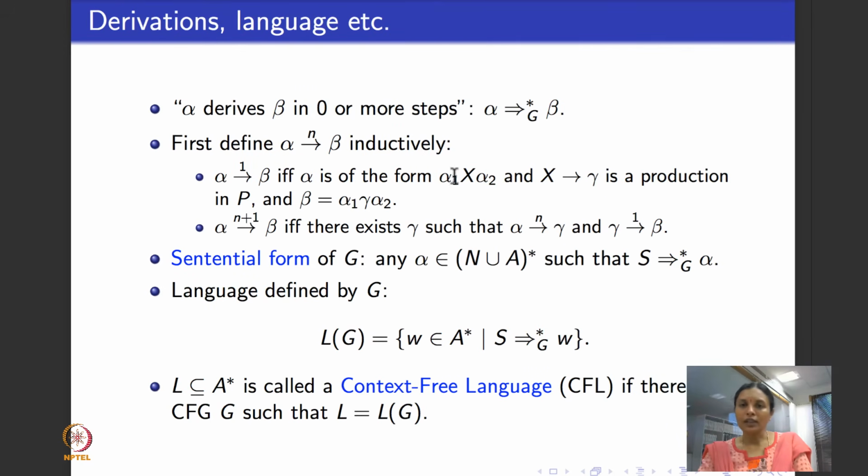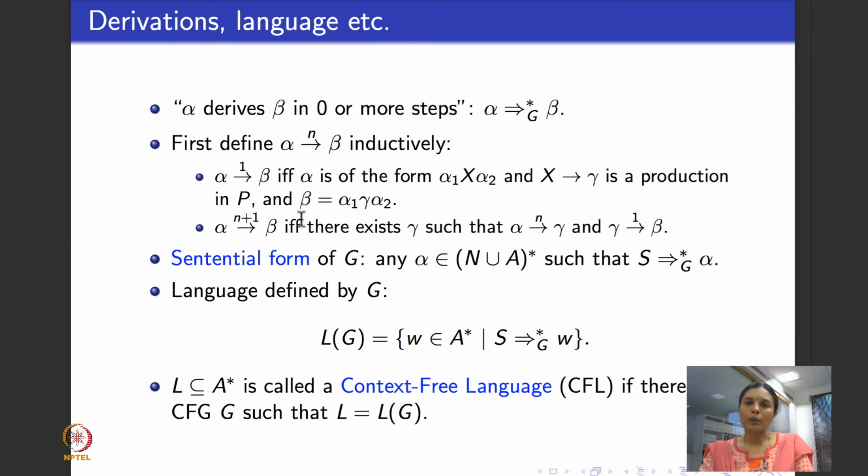Which means what? In the string alpha 1 X alpha 2, I take X out and, using this production rule, replace the place where X was with gamma. In other words, I derive alpha 1 gamma alpha 2 from alpha 1 X alpha 2 by using the production rule X goes to gamma.